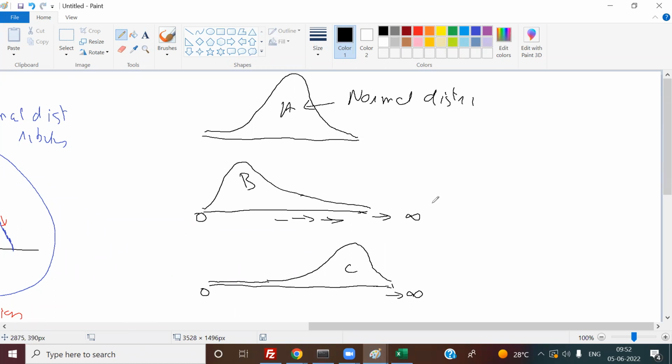Now, can someone guess an example of distribution which would be of B type? B type का कोई example सोच सकता है? Species of lion. It is increasing.